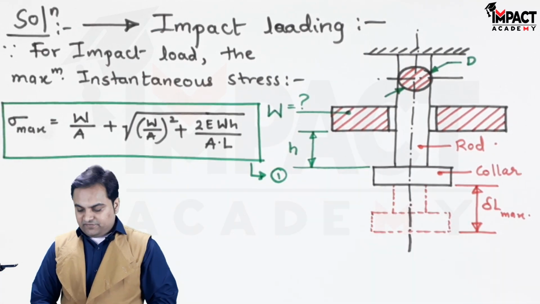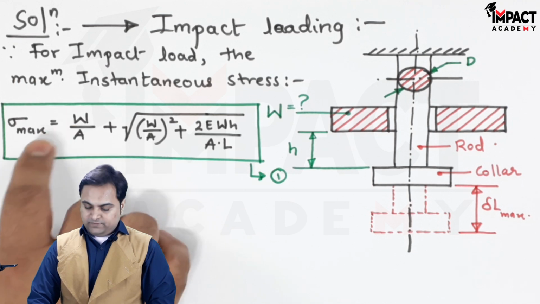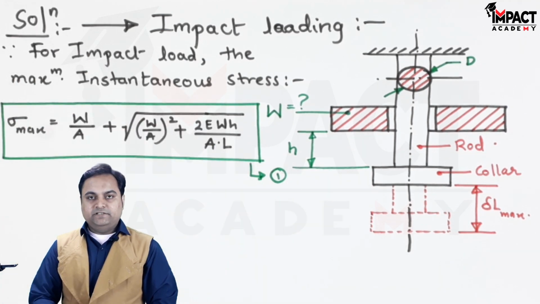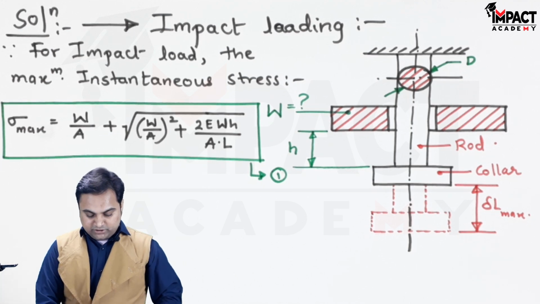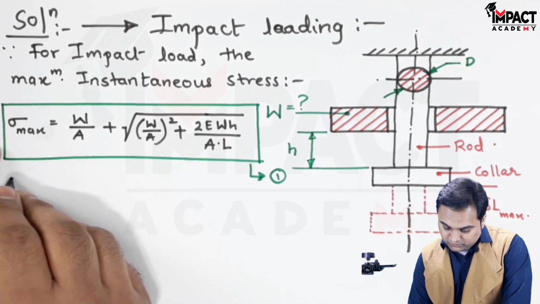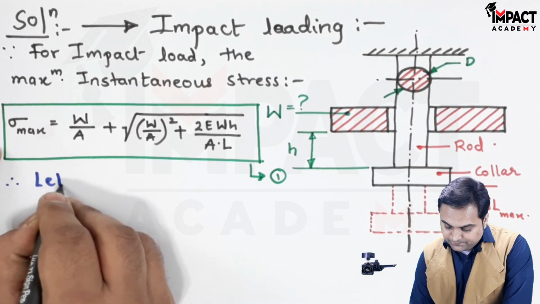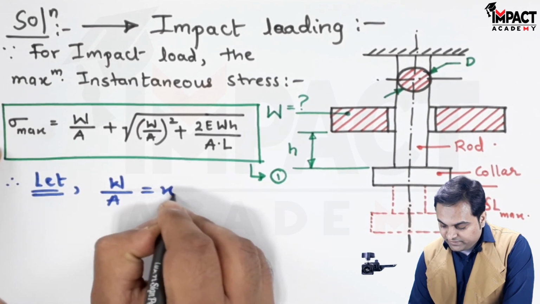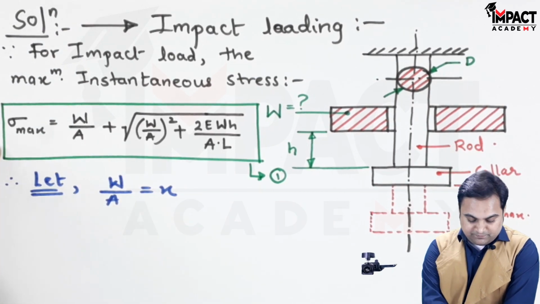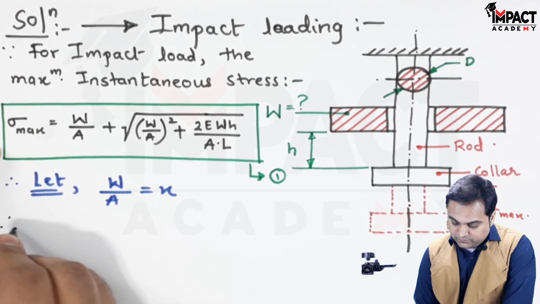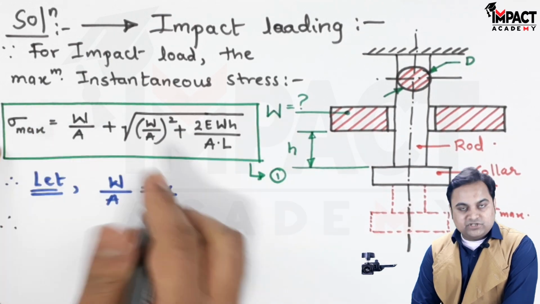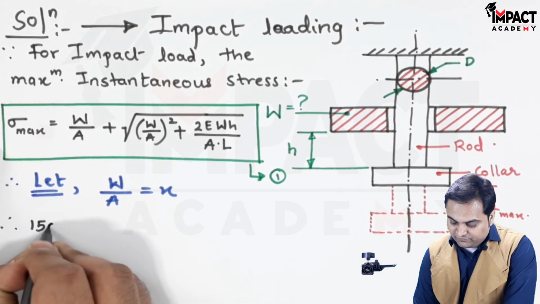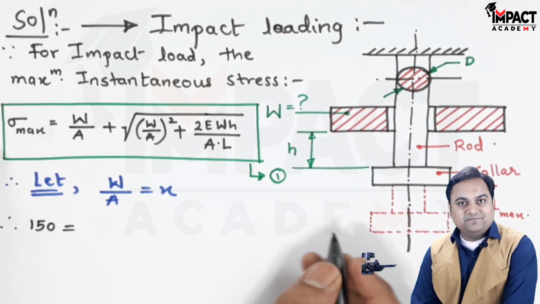Now for simplicity, since we want to calculate the value of W, sigma max is given. I would be replacing W upon A by a term called X. Therefore, let W upon A is equal to X. So on simplification, that is putting all the values in equation 1, sigma max, maximum instantaneous stress, is given as 150 Newton per mm square.